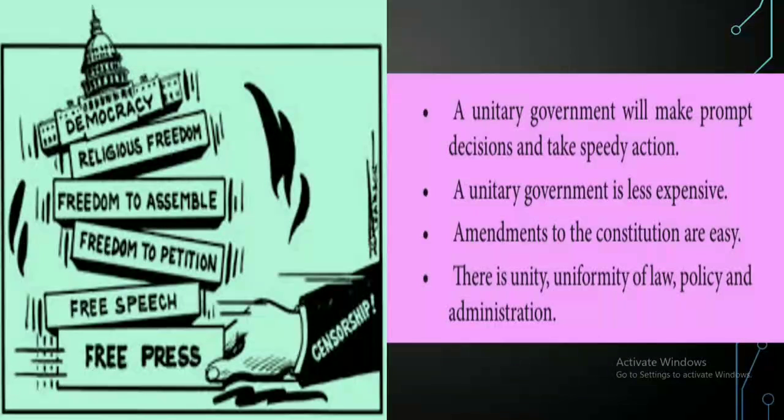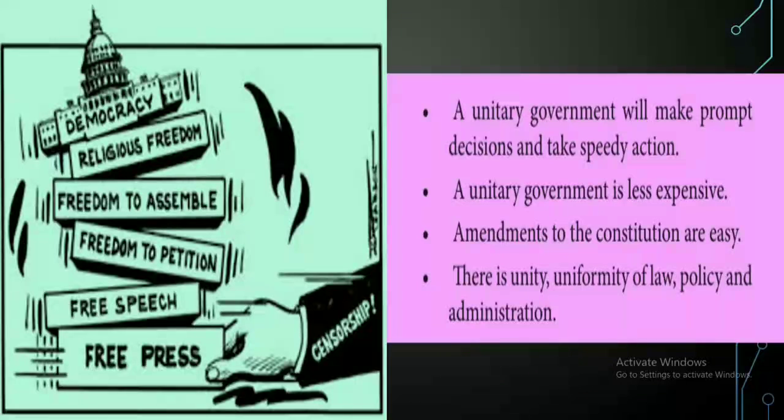But the unitary government is less expensive. The amendments, that is change in laws, to the constitution are easy. But in the federal government, they have to get the opinion of every member, so it's very hard for the government to change the laws.